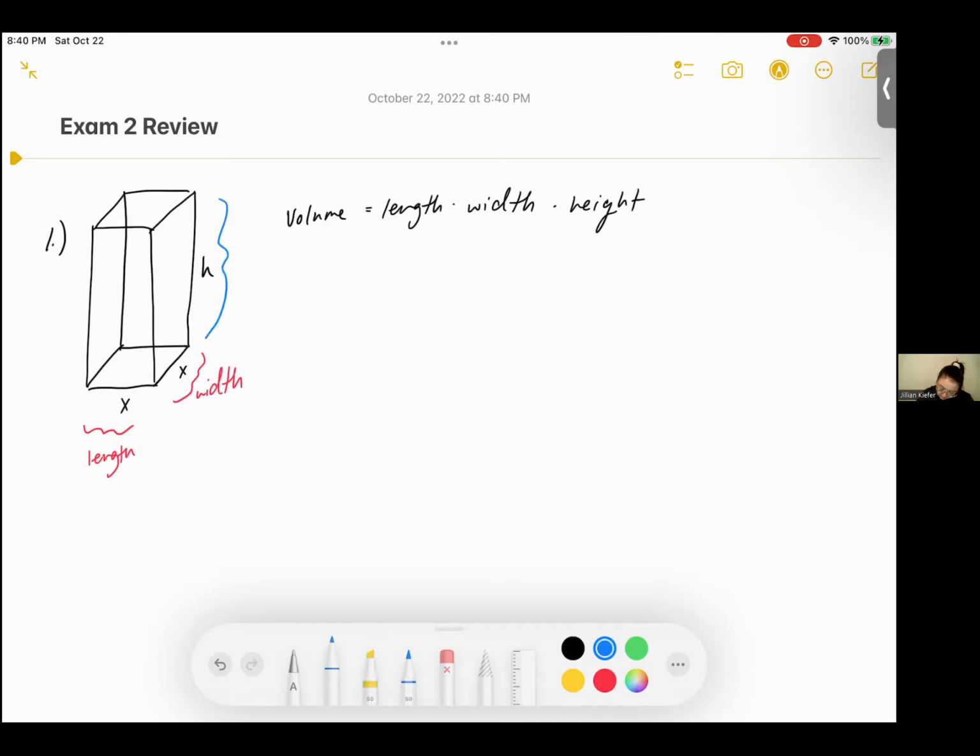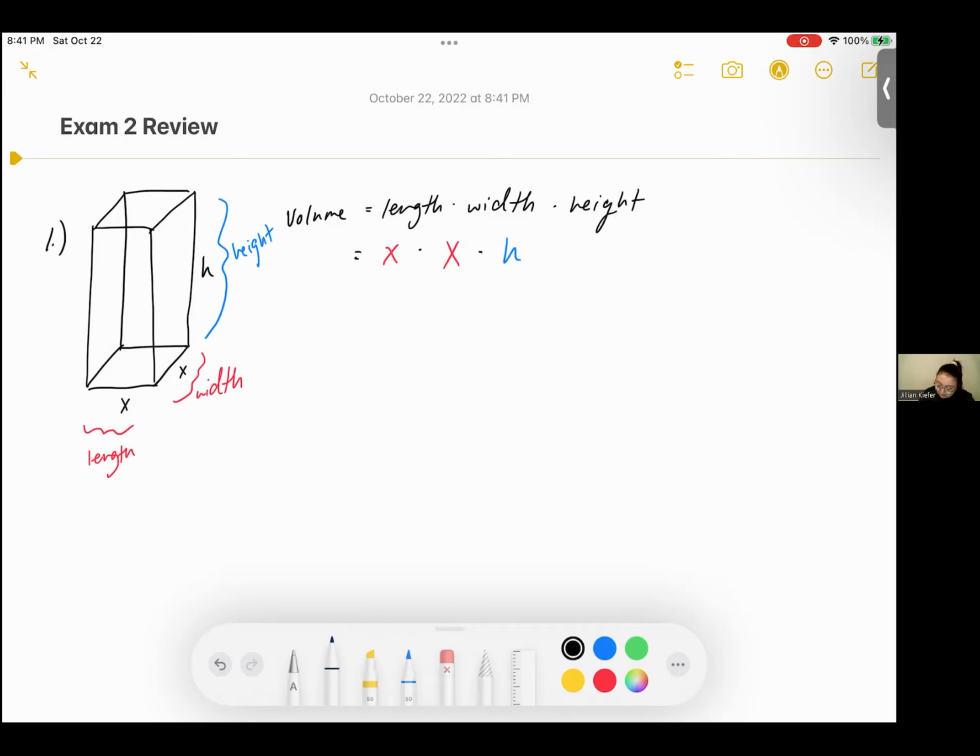And really the only thing left is the height. So we've got length times width times height, and we have variables for all of these things. So we say that this is equal to X times X times H. That's what volume is equal to.